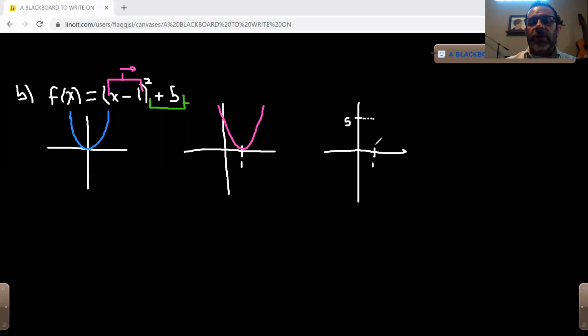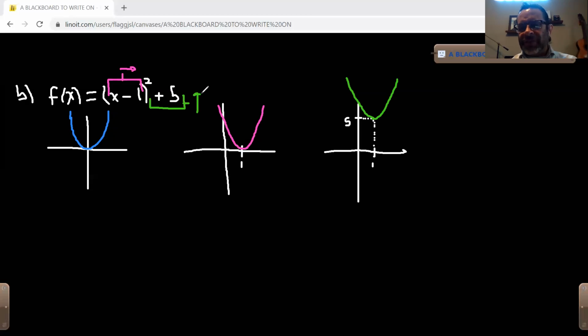Why am I marking the new reference point? That new reference point is now equivalent to what originally was the origin. So now my new function is going to be something like this. The parabola was shifted to the right 1 unit and shifted up 5 units.